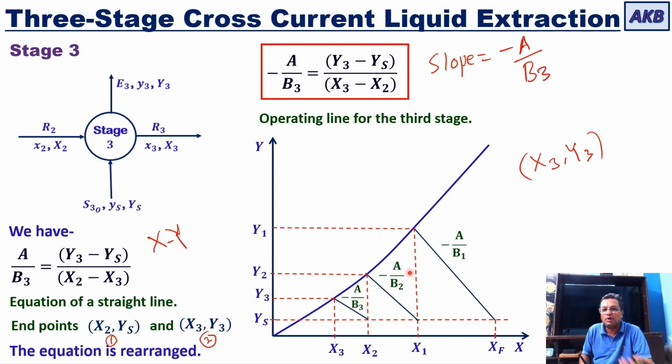It depends on the amount of solvent that is used in the operation. So the objective of this analysis is to know the values of capital X1, capital Y1, capital X2, capital Y2, capital X3 and capital Y3. And I have told you how you can get those compositions.